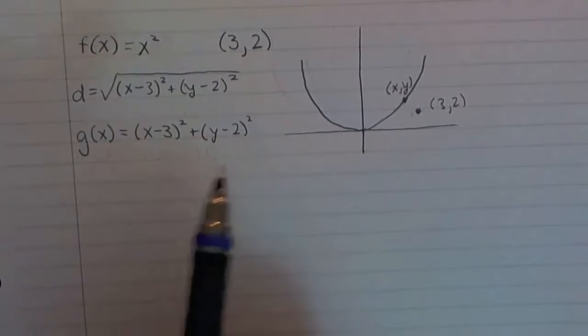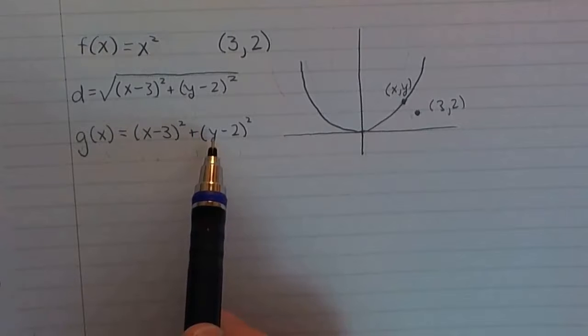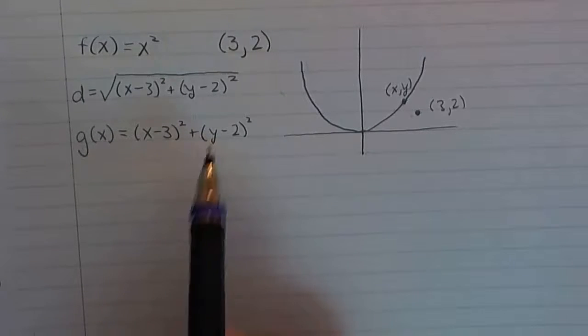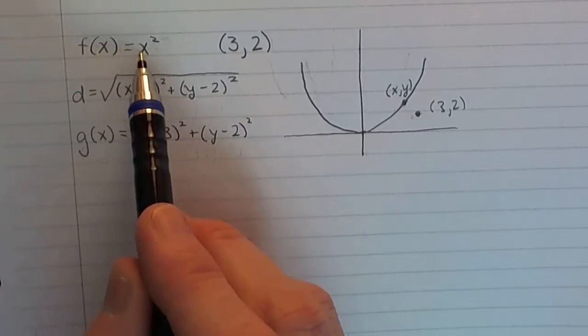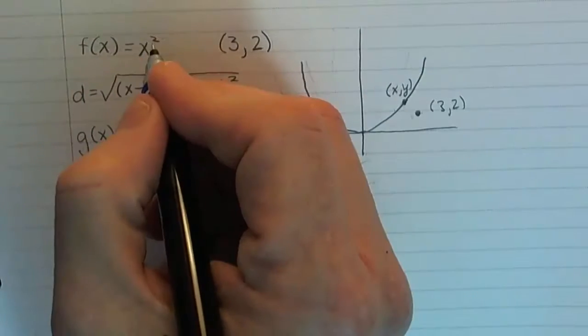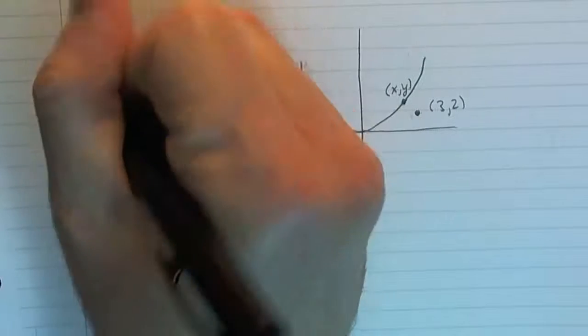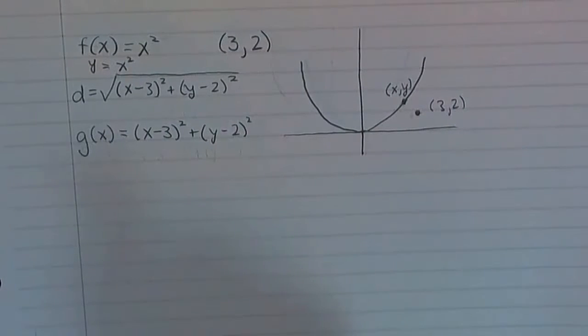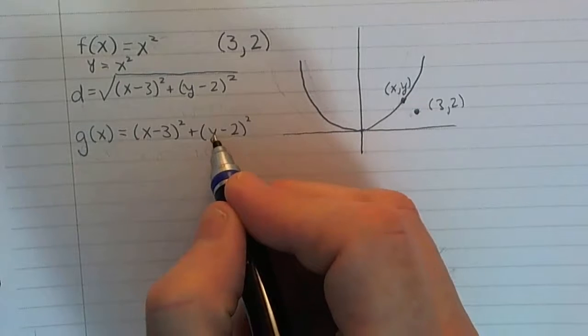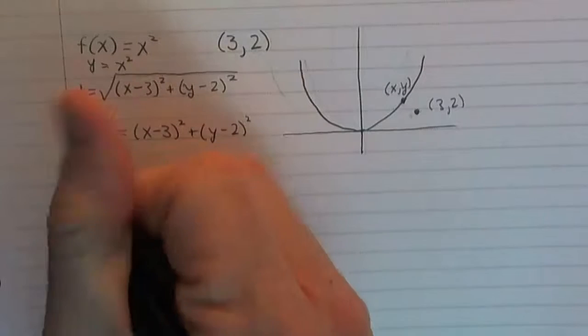Now, something else that troubles us is the fact that we've got a y in here. Well, we can use the function, right? y equals x squared, because f of x equals x squared. So in place of y, let's put x squared. So here we go.